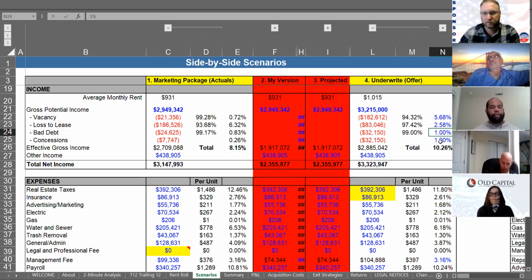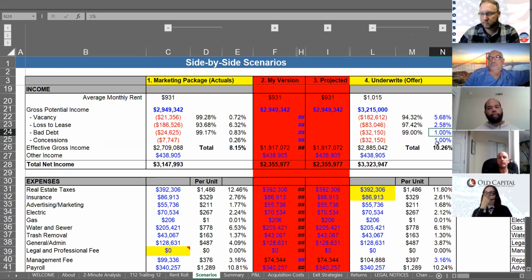If a lot of people in that area are doing concessions, you need to question why. Why do I have to give concessions? If my building is good, up to par, why am I presenting concessions all the time? Do we have new product coming online where they're taking your clients?